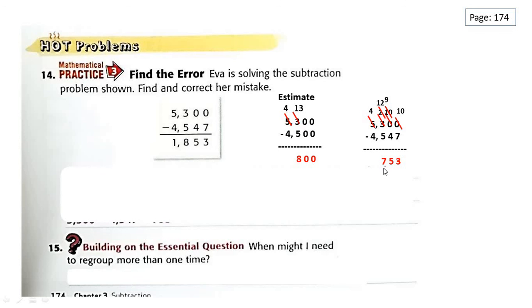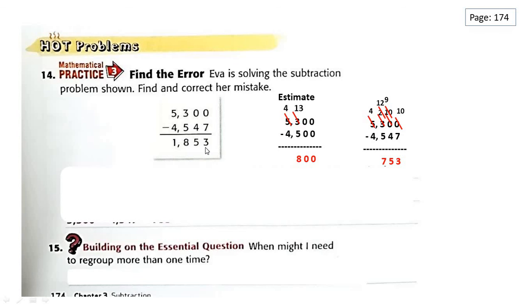So the difference is 753. And if we compare this difference with the estimated difference, we notice that they are close to each other. 800 is close to 753. So our answer is reasonable.